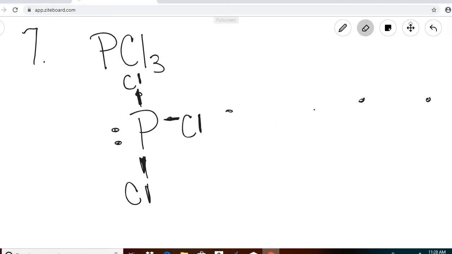And then if we draw the shape, the central atom has 4 pairs of electrons, and 3 of them are bonded and 1 is not bonded to anything. So that would mean that it is a pyramid shape.